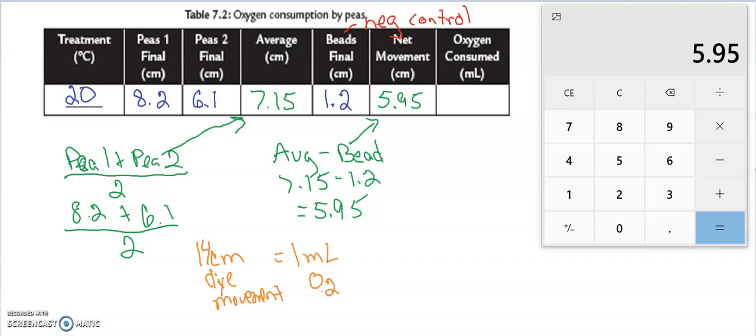Okay, so for every 14 centimeters of dye movement, there is 1 milliliter of oxygen that's used. So we need to do that conversion here.